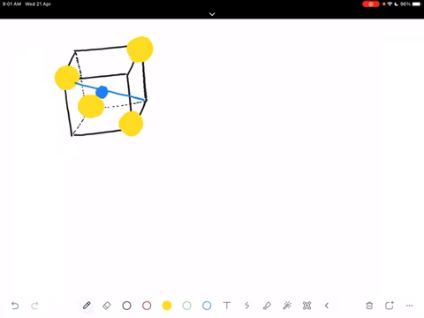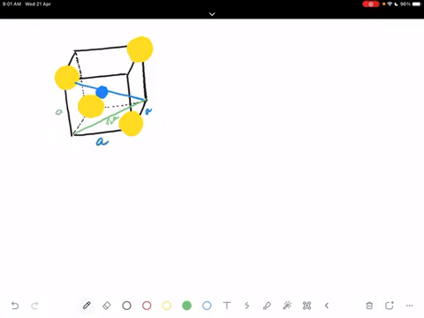If edge length is a, edge length is a means this side is also a. That means this green line is root 2 a. We have already seen that.